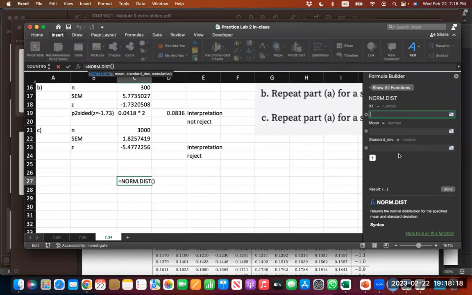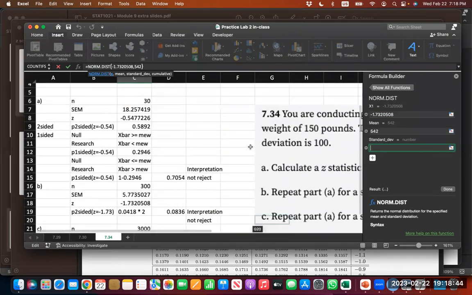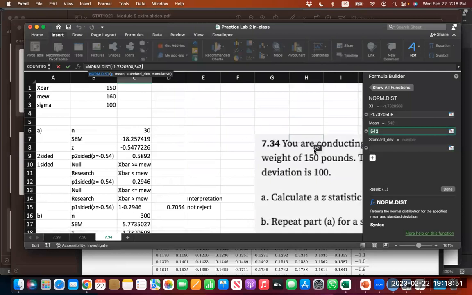For x1, let's enter minus 1.732058. That's our set value from example B. Let's take a mean of 542. So the difference here, it's actually wrong, not 542, it would be 10.